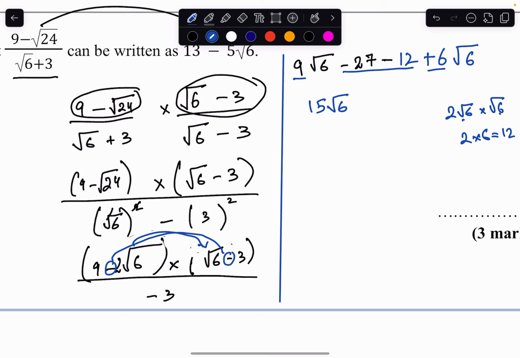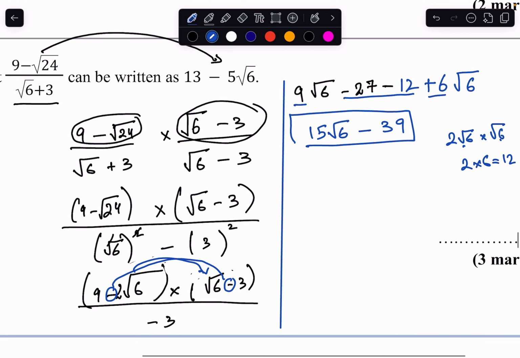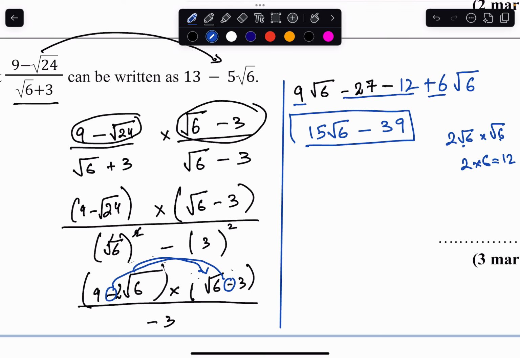So you do 27 plus 12, which is 39, and negative 39. That's our numerator part.